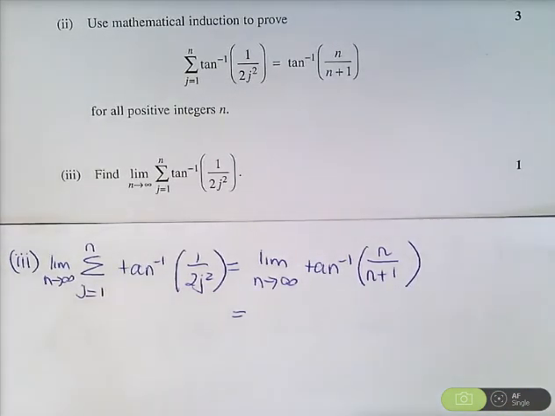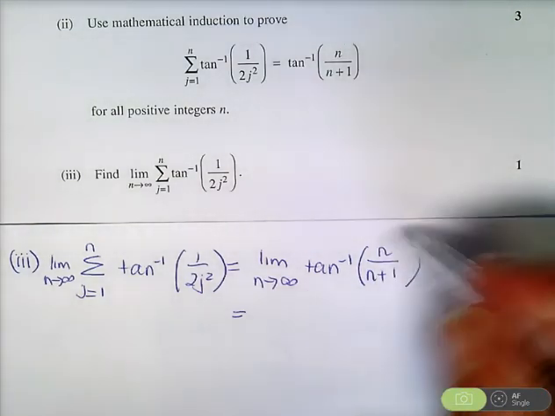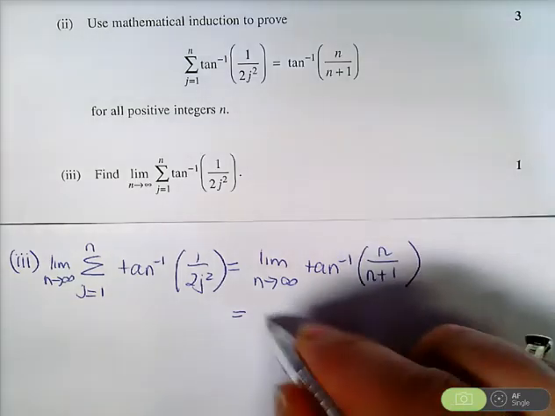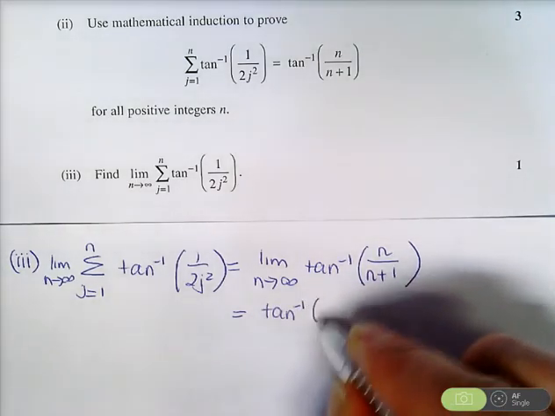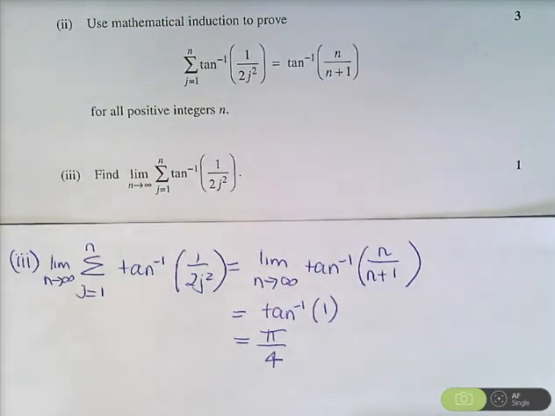Now, as n approaches infinity, this thing here approaches 1. So therefore that's inverse tan of 1, which is equal to pi on 4. Okay, so that's our solution there for the limit as n approaches infinity of this.